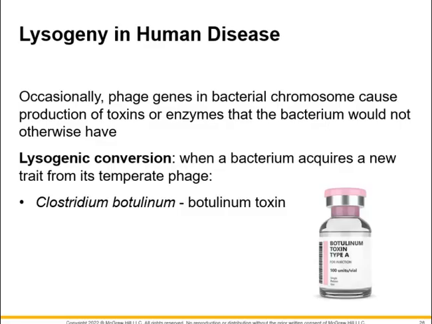And so let's say, for instance, we've got up there the botulinum toxin. Botulinum toxin is made by bacteria called Clostridium botulinum. But the ability to make that botulinum toxin is due to the fact that the bacteria has a gene for the toxin, but that gene was originally a prophage, right?